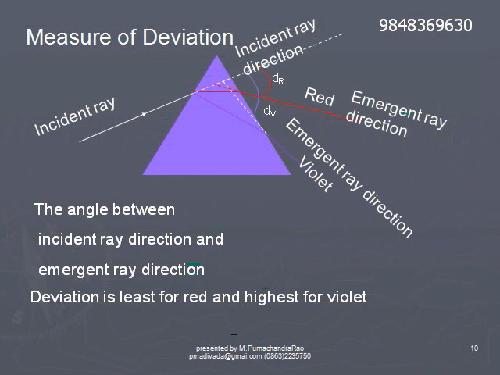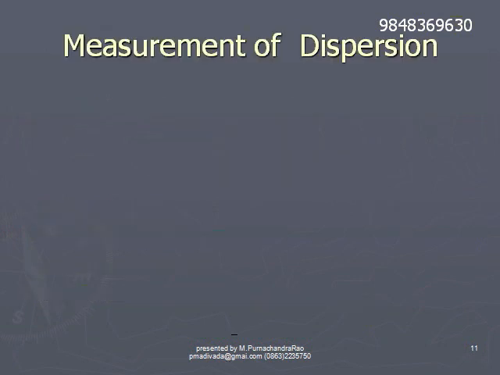The difference dV minus dr is a measure of the angular dispersion. It is a quantity used for determining the dispersive power of the material.